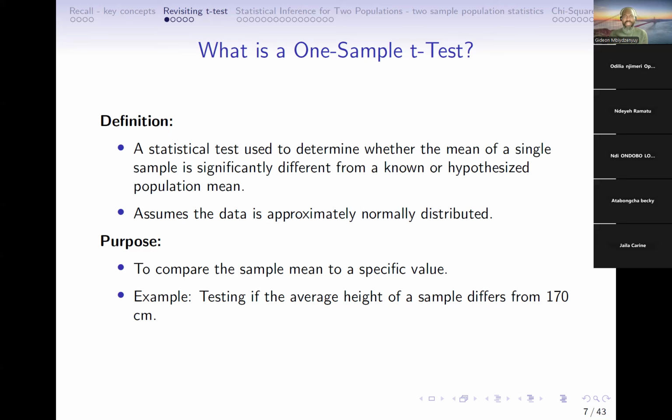So if you do a test that seeks to understand if the mean, or the average, of a single sample, and here single sample means one sample, is significantly different from a known or hypothesized population mean, then a typical name for that test is a one sample t-test.